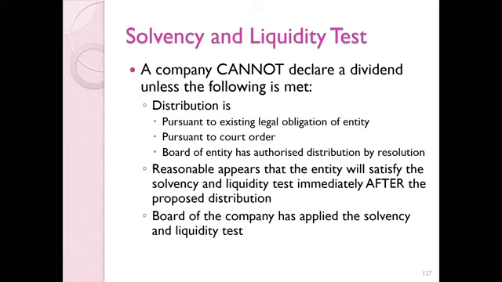And so they can't be self-satisfying. They need to make sure that this company is actually still going to be solvent and liquid after the dividend is paid out. So the board of the company must have applied the solvency and liquidity test for them to be able to authorize that distribution.